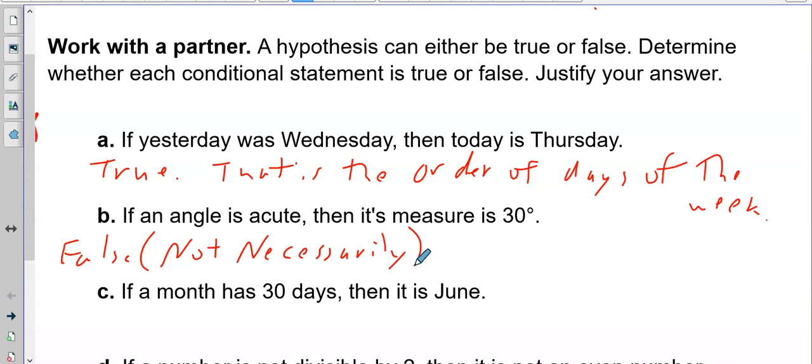In other words, it can be true, okay, but it's false because it's not the only acute angle measurement. Because acute means less than 90 degrees. So 30 degrees is acute, okay, but it's not the only acute angle.